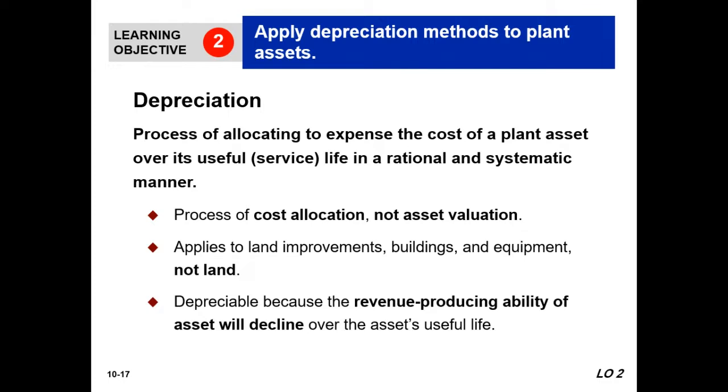Why do we do the depreciation? Because the revenue producing ability of an asset will decline over its useful life. Equipment has a useful life, and if you keep on using it, its efficiency will decrease with the passage of time. So that's why you have to record a depreciation.